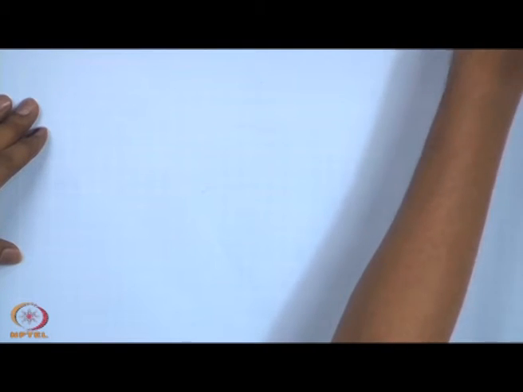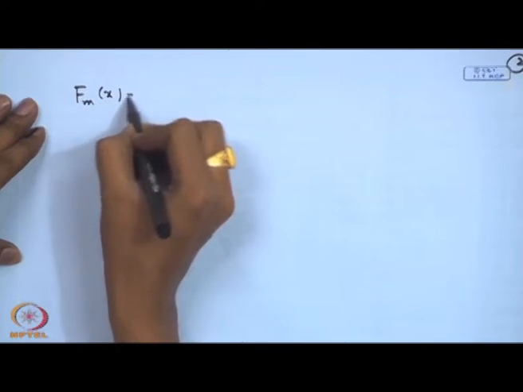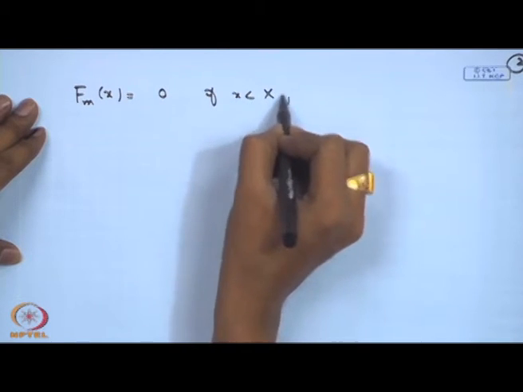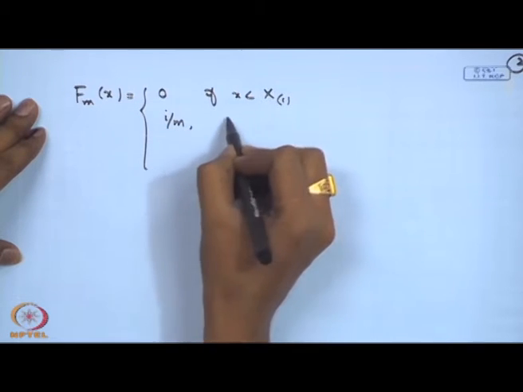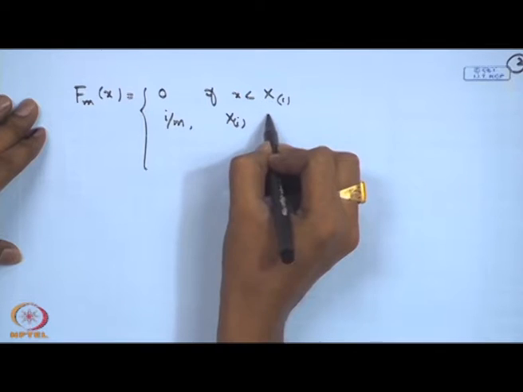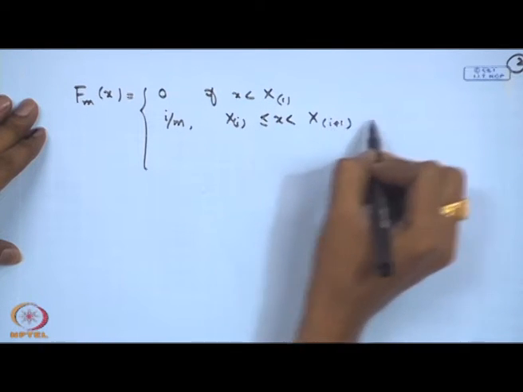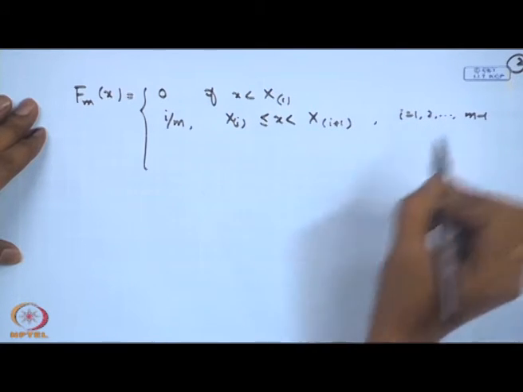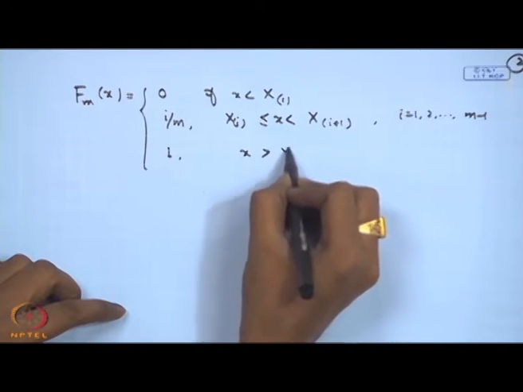So, we are defining Fm(x) equal to 0 if x is less than x1, it is equal to i by m if xi is less than or equal to x less than x(i+1), for i equal to 1 to m minus 1, it is equal to 1 if x is greater than or equal to xm.